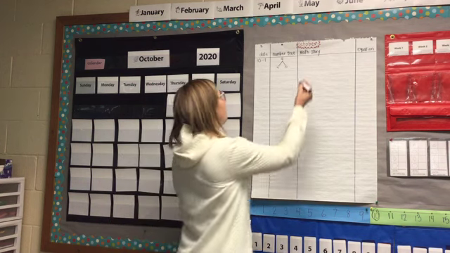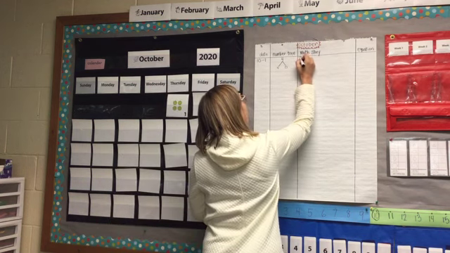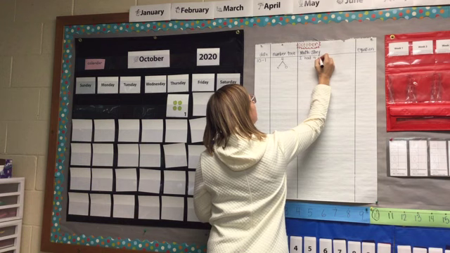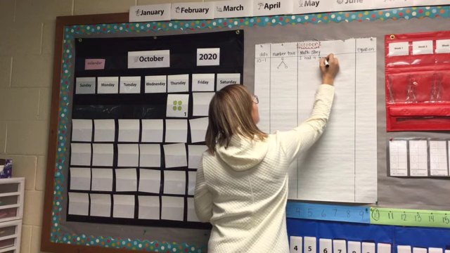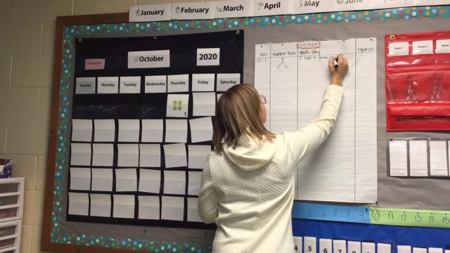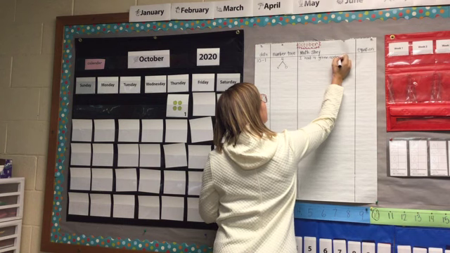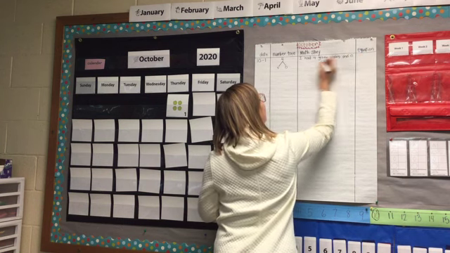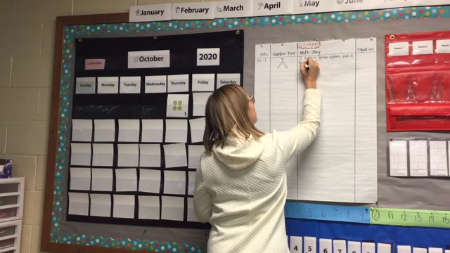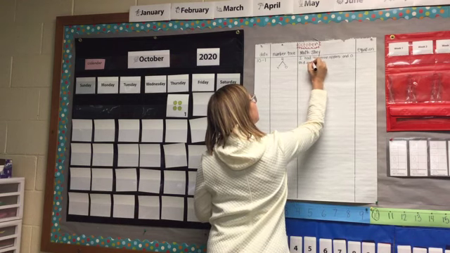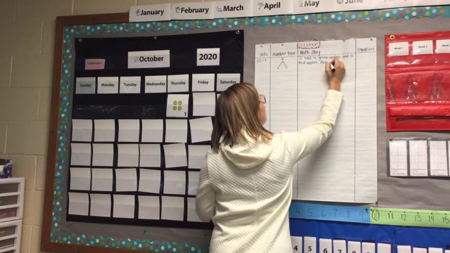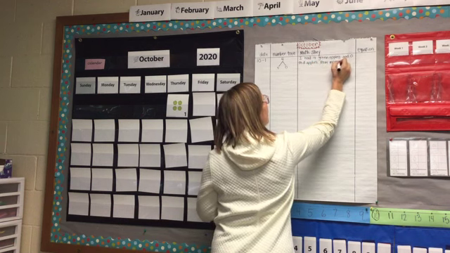Okay, so I'm going to write, I had 4 green apples and 0 red apples. How many apples do I have?